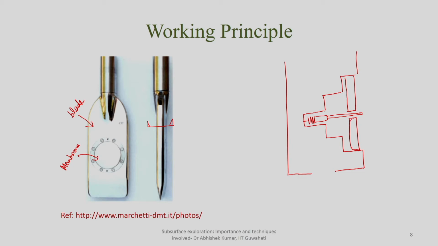This is just to understand why the buzzer, how the circuit works, and what mechanism is happening at this location. Then you have this membrane here. This is your blade, the main blade assembly.